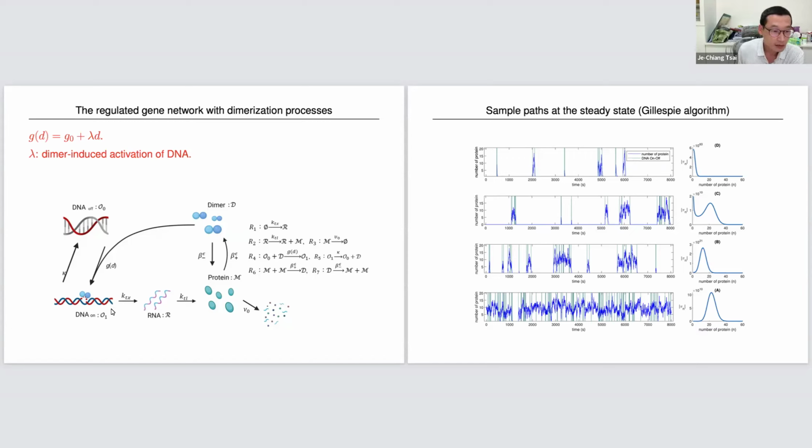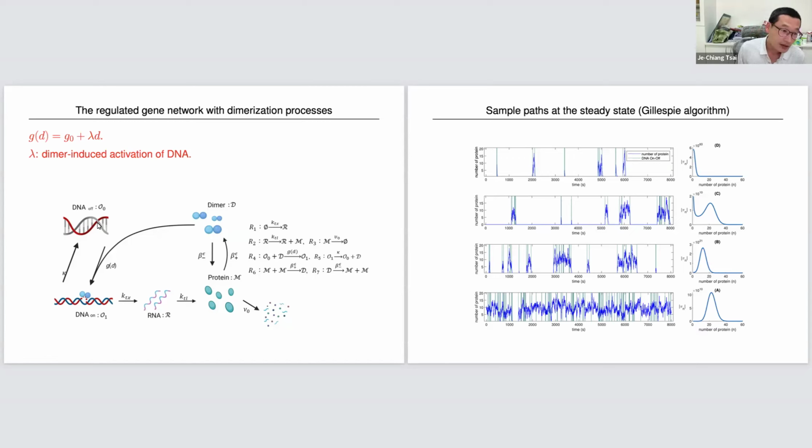The DNA can be transcribed to RNA, and the RNA can be translated to protein. And two proteins can bind together to form a dimer protein. This process is known as the dimerization process.